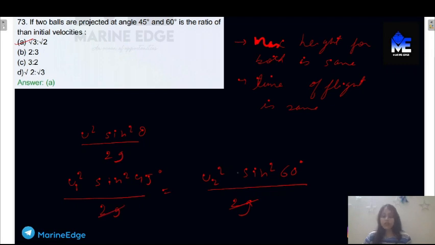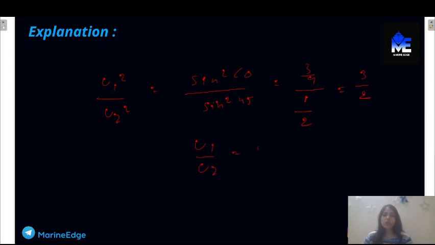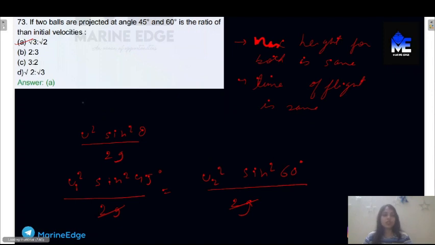What are we left with? u1 square divided by u2 square equals sine square 60 by sine square 45, that is 3 by 4 divided by 1 by 2. So we get 3 by 2. So u1 by u2 will be equal to under root 3 by under root 2. So we get option A.